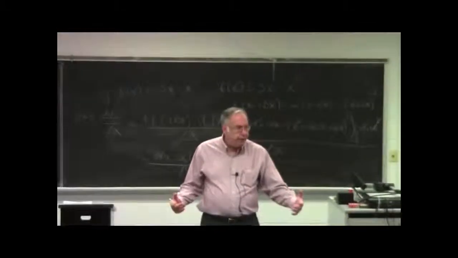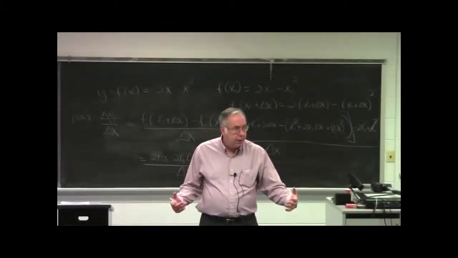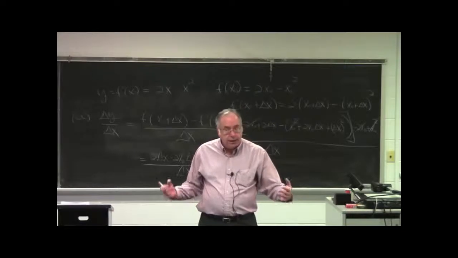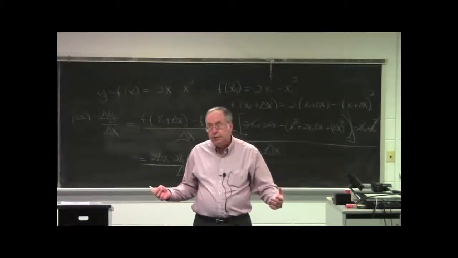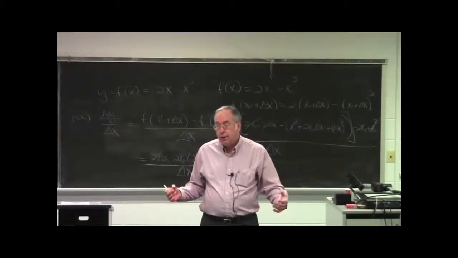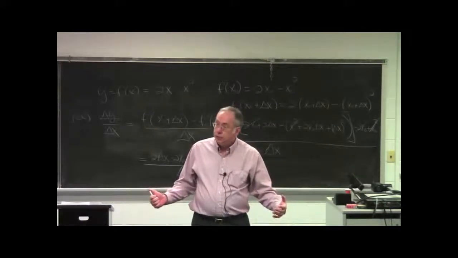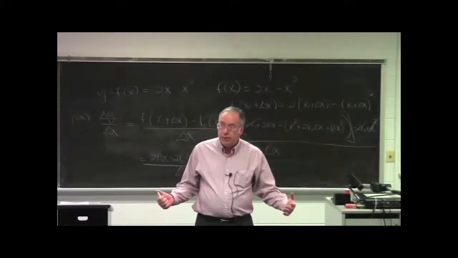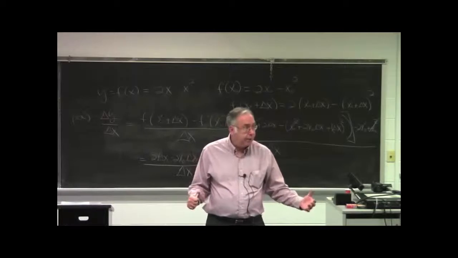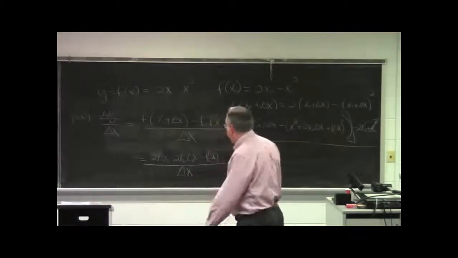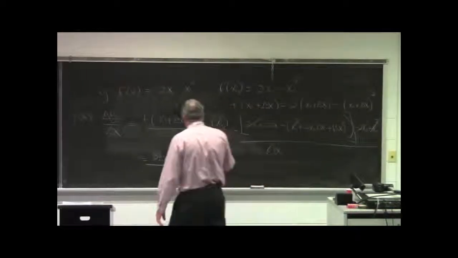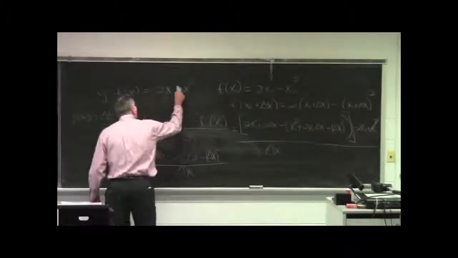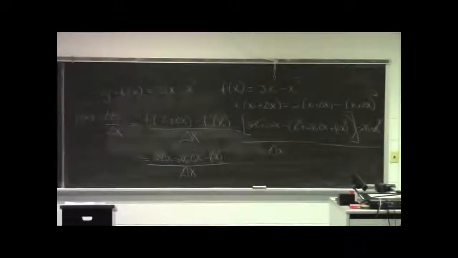And when you graph these quadratic functions, they always look like either they're U-shaped or they're an upside down U, one or the other. Whether it's U-shaped or upside down U depends on the sign of that coefficient.